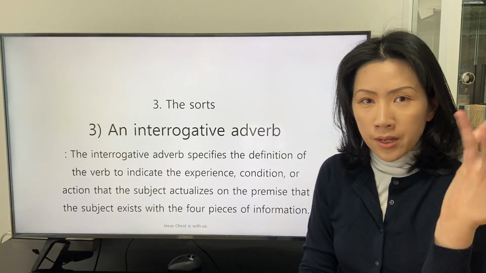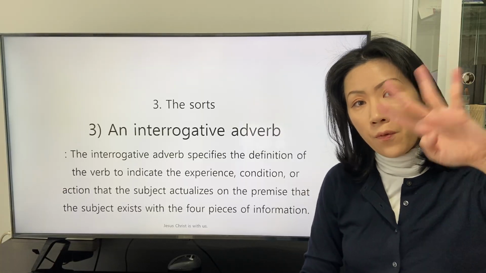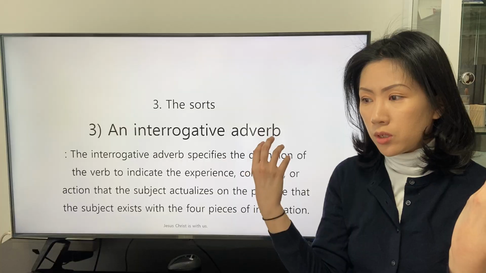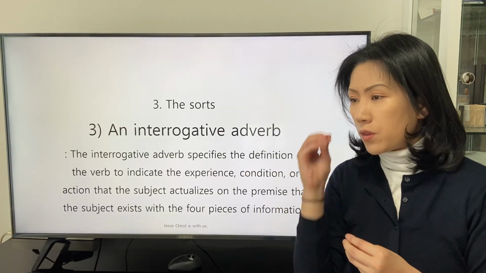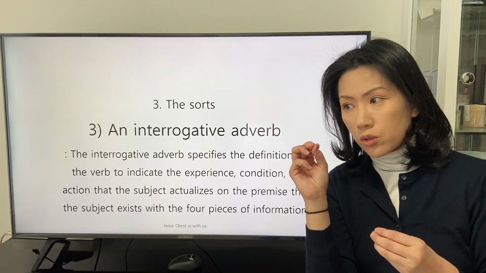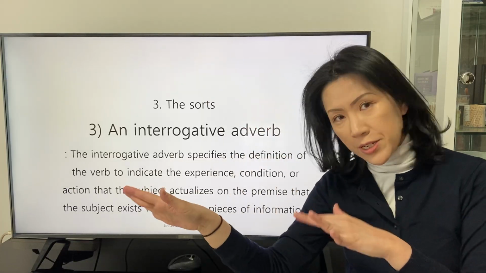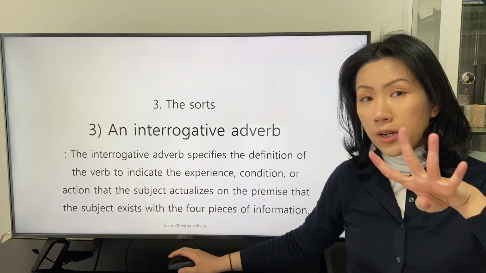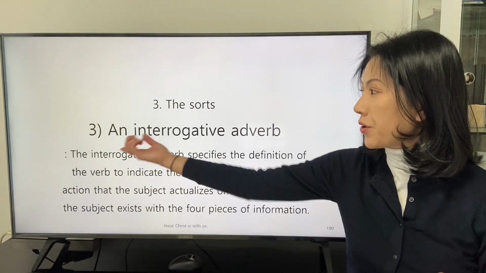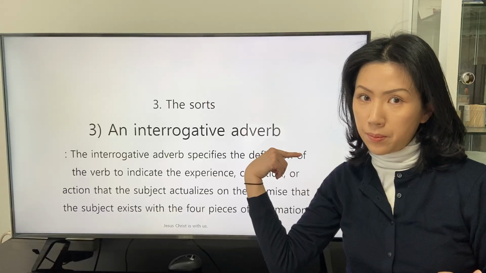So as I introduced the four ways of the adverbs to describe the definition of the verb, we can understand that there are four types of the interrogative adverb.